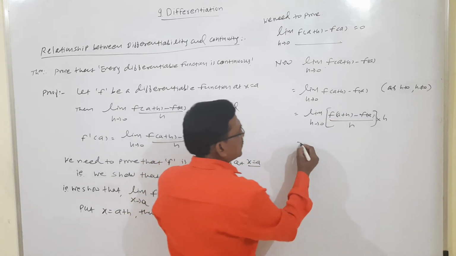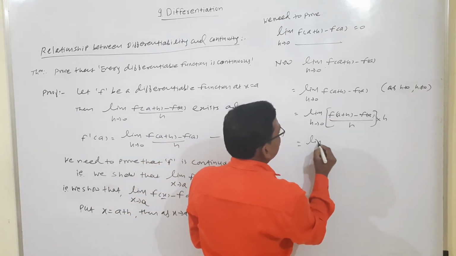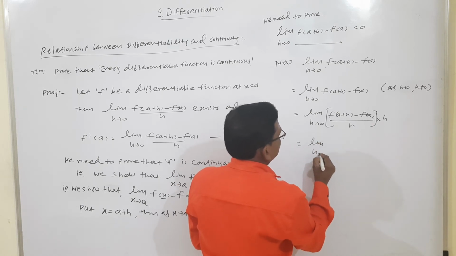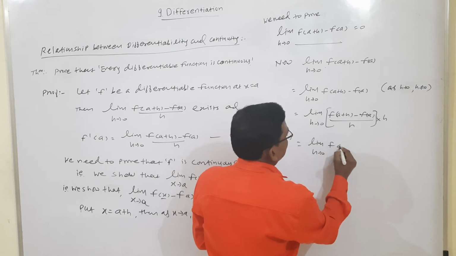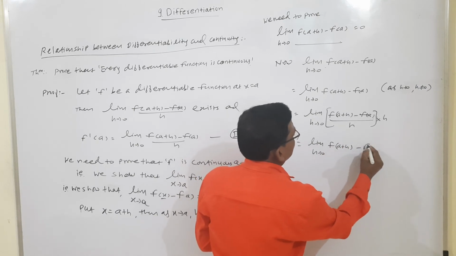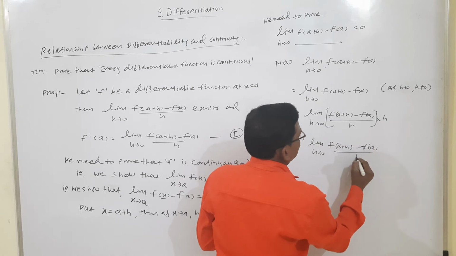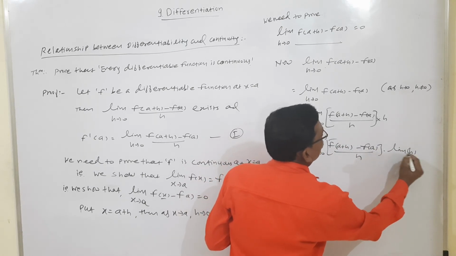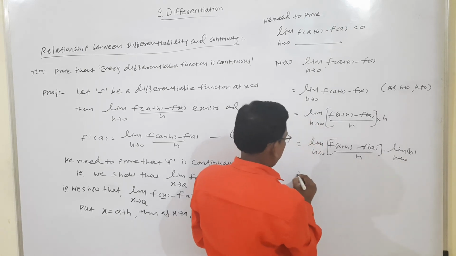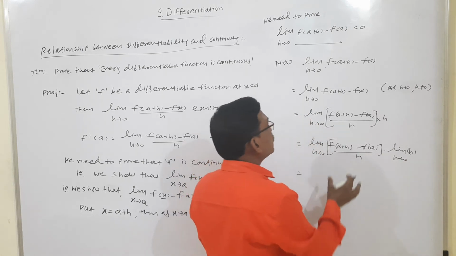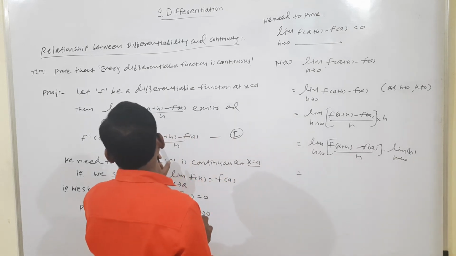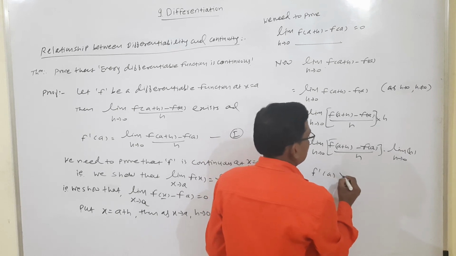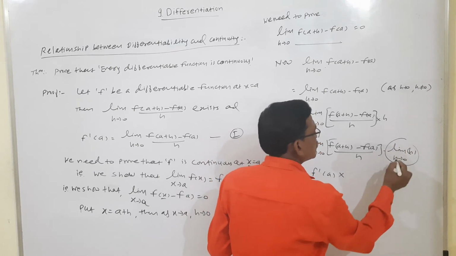Now we apply the limit separately: the limit of the first factor, and the limit of h as h tends to 0. By equation 1, the first is f dash a, into, when we apply the limit as h tends to 0, h becomes 0.